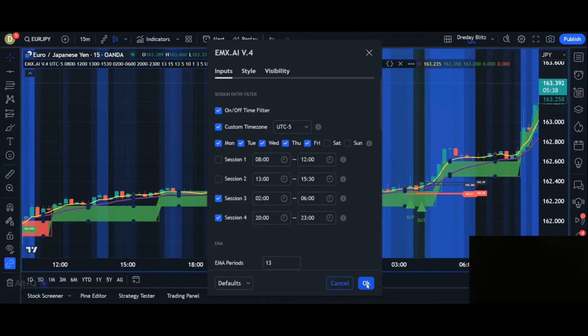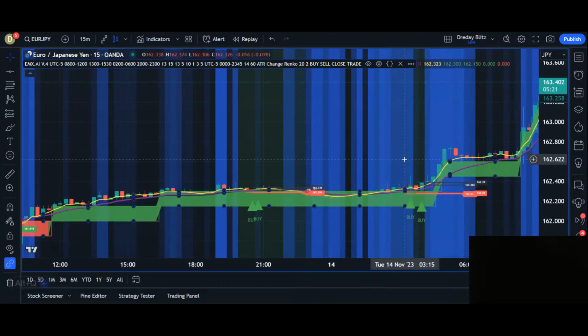So when there's big movement in the market, this is where we should get the signals. It's already set up like this, so that's perfect.